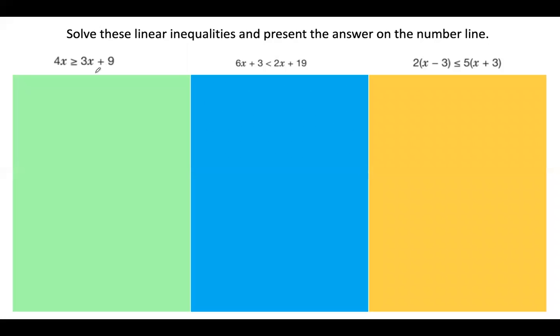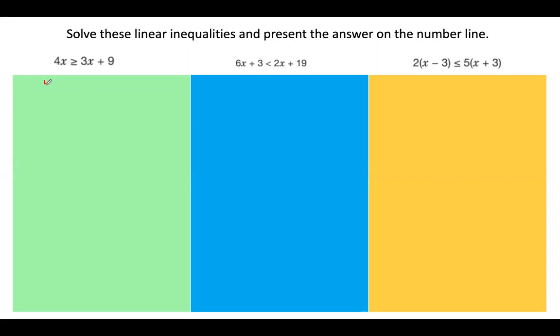I would advise you, when you have x's on both sides, to get rid of the smaller number of x's, let's say. So in this case, 3x. And how do we get rid of the 3x? By taking away 3x on both sides.